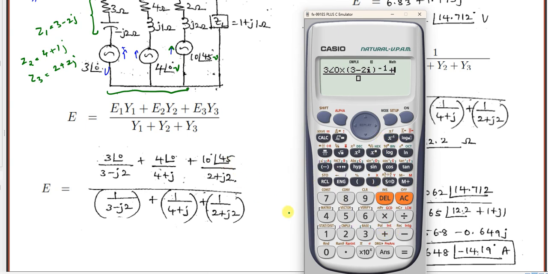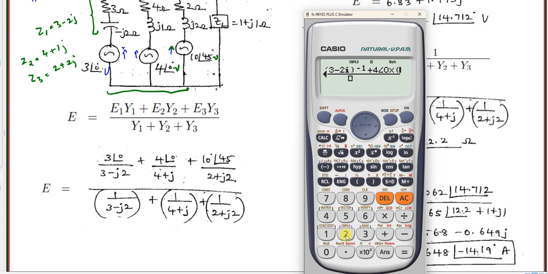plus 4 angle 0 into Y2. Y2 means 1 by Z2, and Z2 is this 4 plus j. So you have to take the reciprocal of that.